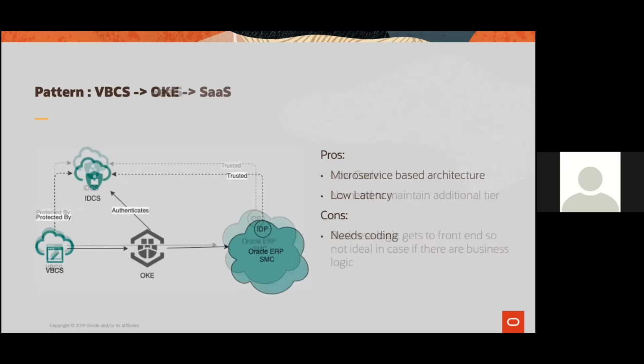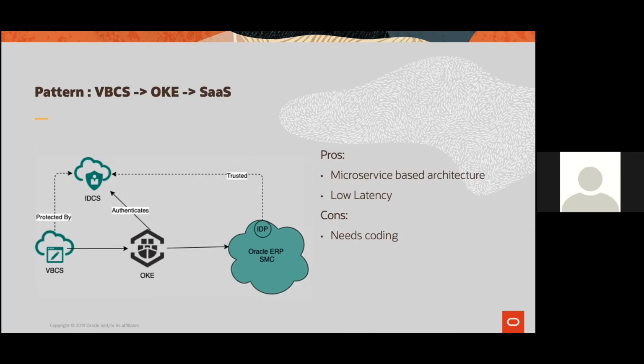The third pattern, which we have been seeing more commonly adopted in the field, is VBCS calling a microservice hosted on Oracle Cloud, which then calls SaaS. This does provide a very low latency architecture, but the con is you will have to code it. You will have to use a coding language to stand up that microservice.